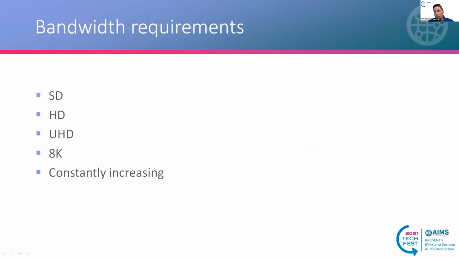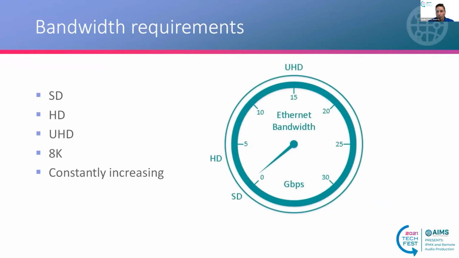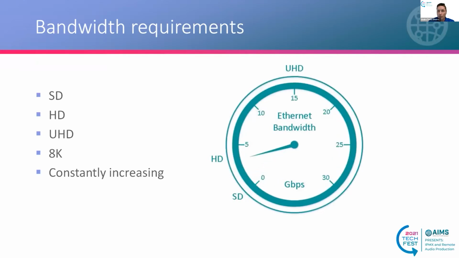Let's see what kind of bandwidth is required to transport our video streams. As SD resolution clearly fits in a gigabit Ethernet network, as soon as you hit HD60, 444, for example, you already start seeing a huge increase in bandwidth demands as it reaches 3.7 gigabits per second.